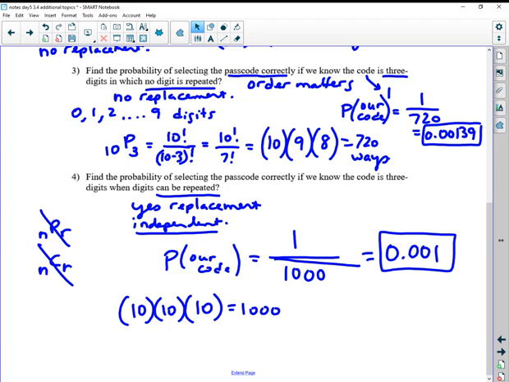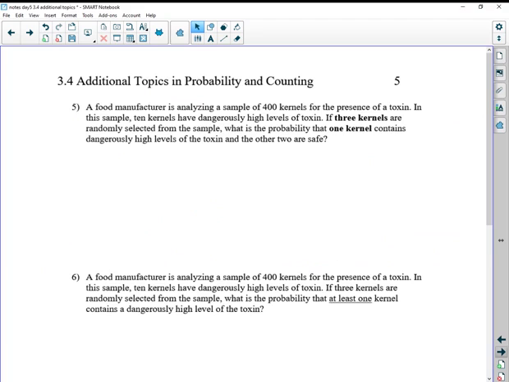Okay, food manufacturer, the next page. A food manufacturer is analyzing a sample of 400 kernels for the presence of a toxin. In this sample, there are 10 kernels that are bad because they're high in toxin, and you're going to select 3 kernels from this situation.